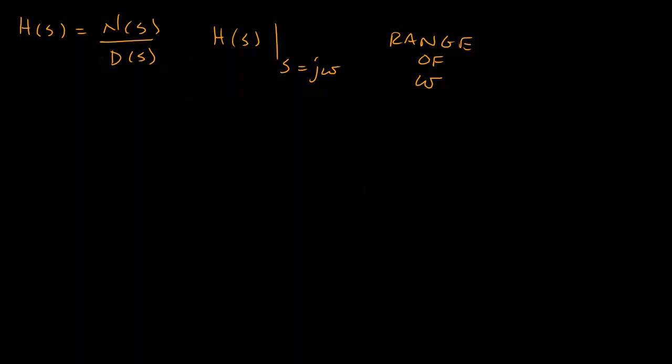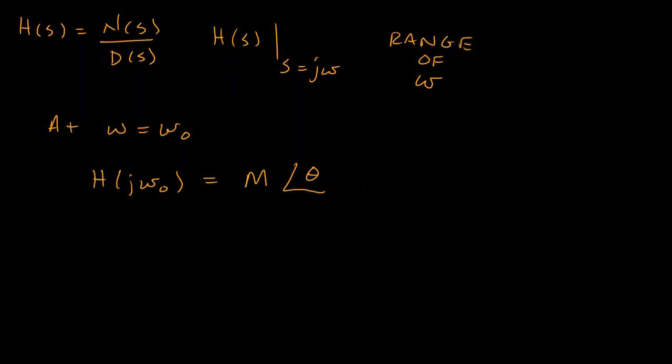All right, so generally H(s) is complex valued. So at any particular frequency, some omega equals omega naught, then H(j omega naught) would have some magnitude, we'll just call it M, and an angle, we'll call it theta.